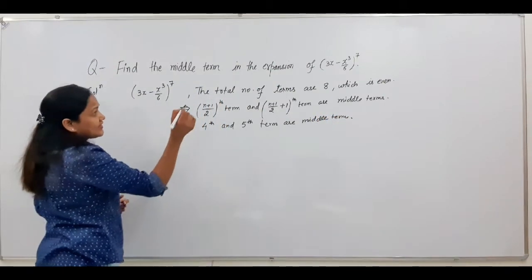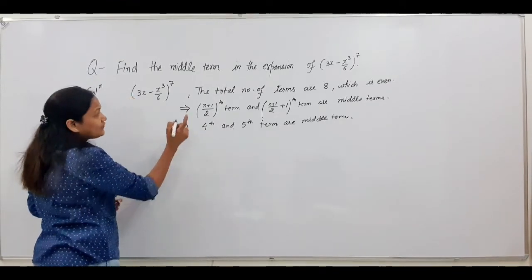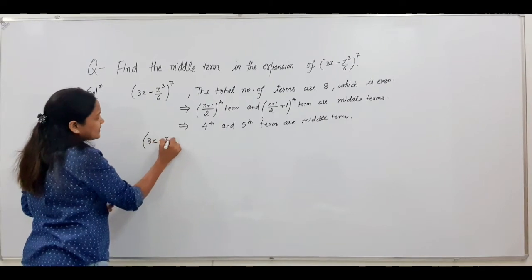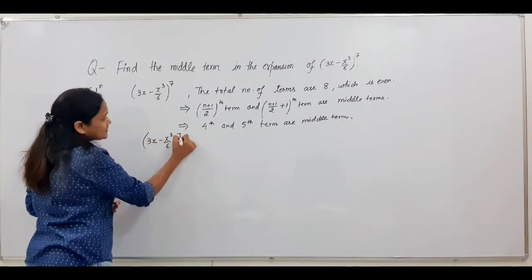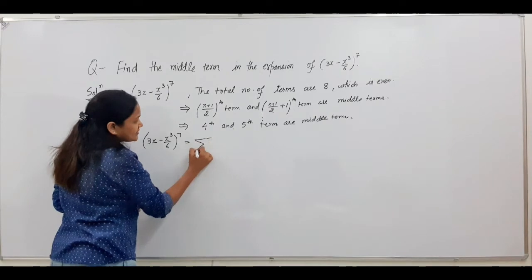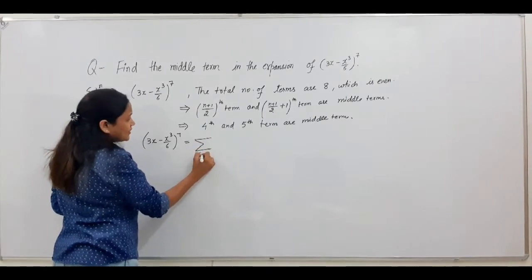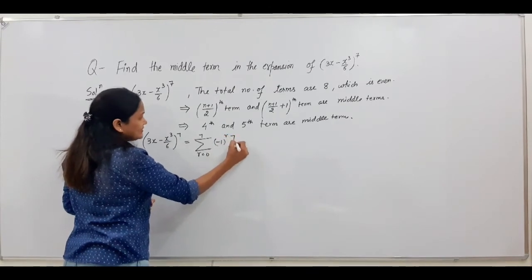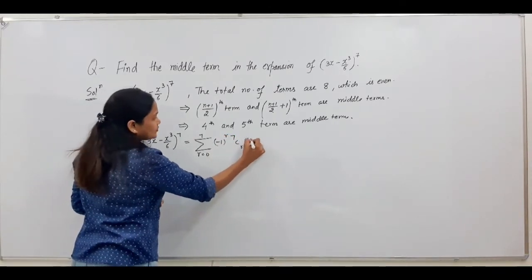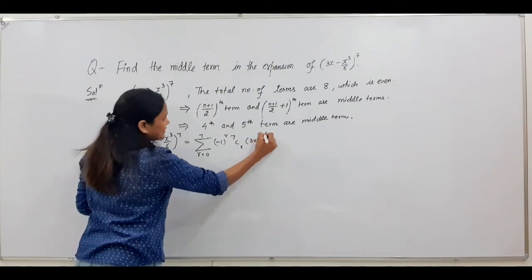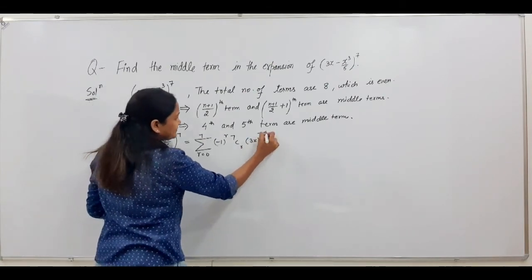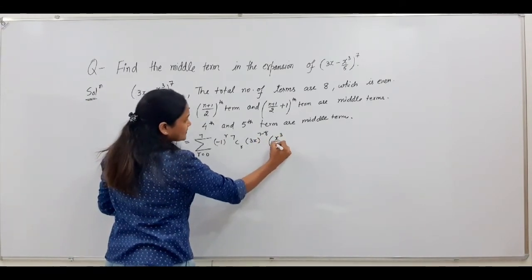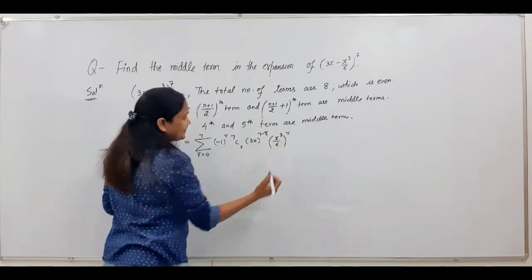Let's try to find out your 4th term first. Your expression (3x minus x cube upon 6) raised to power 7 can be written as summation r running from 0 to 7, minus 1 raised to power r, nCr, (3x) raised to power 7 minus r, and (x cube upon 6) raised to power r.